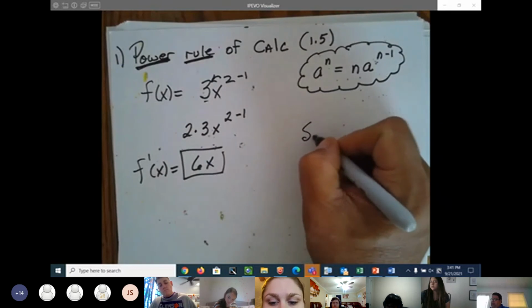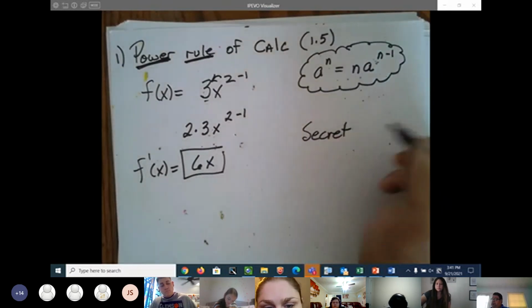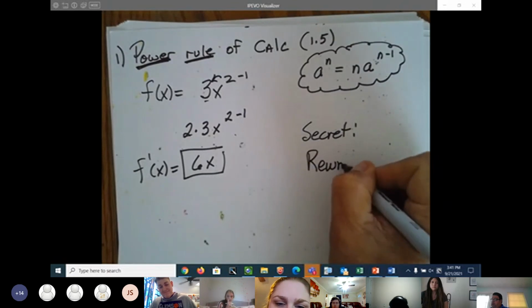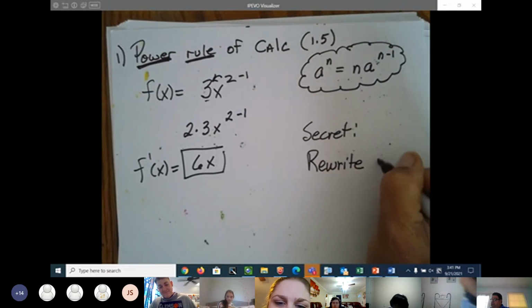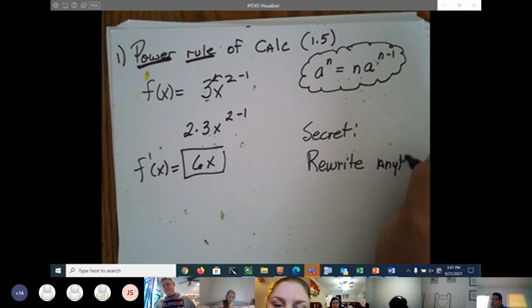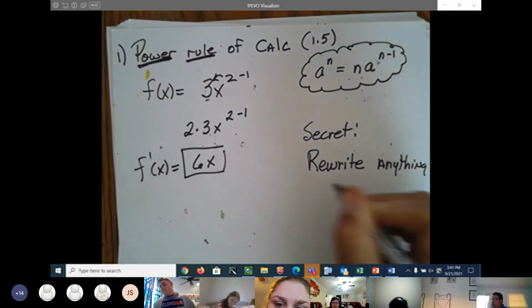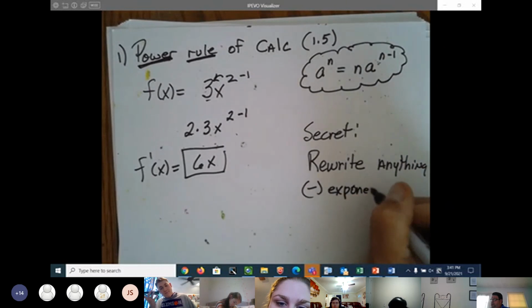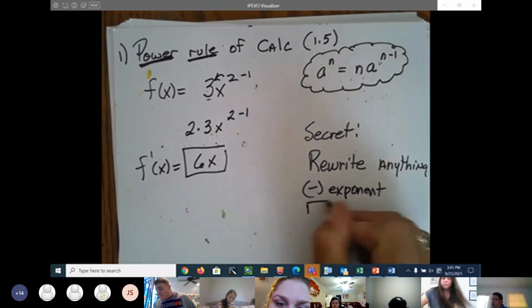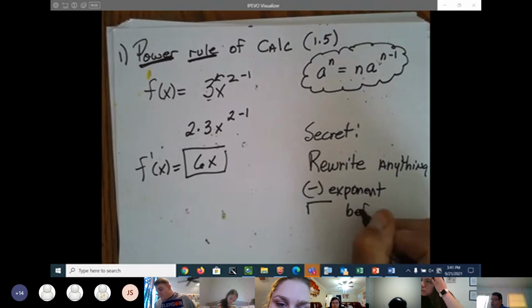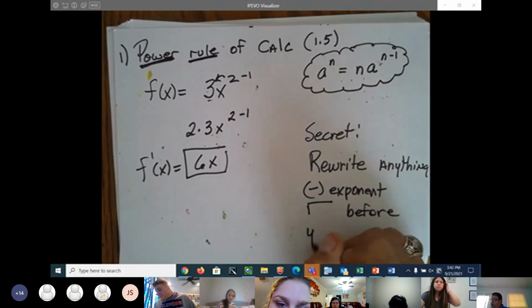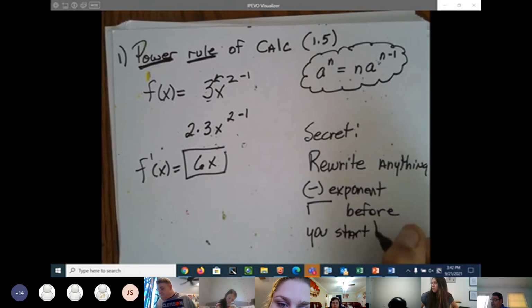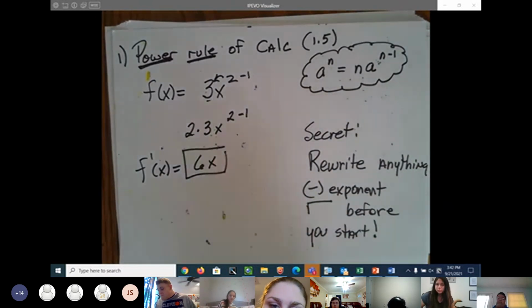The secret to the power rule is to rewrite anything with a negative exponent or a radical before you start. That's the secret.